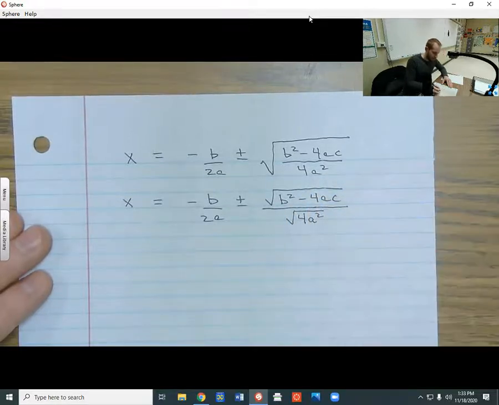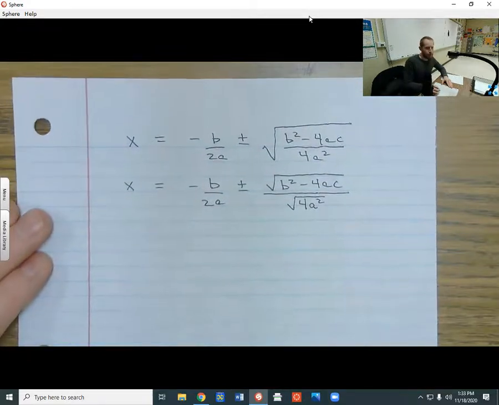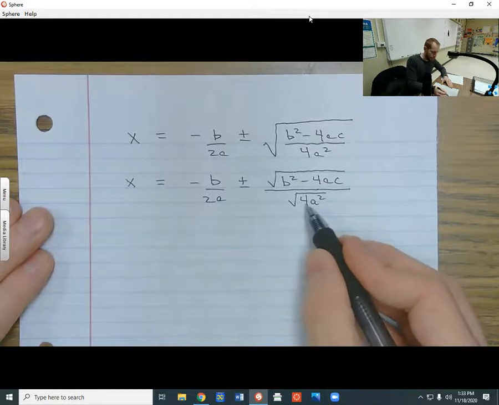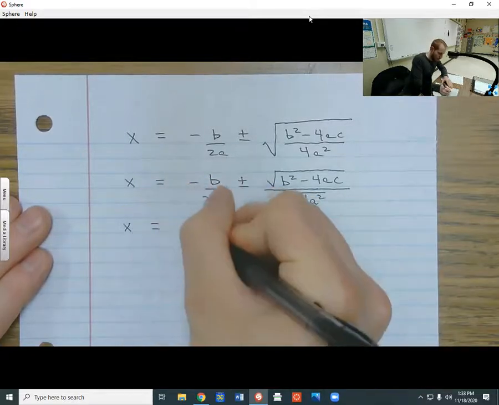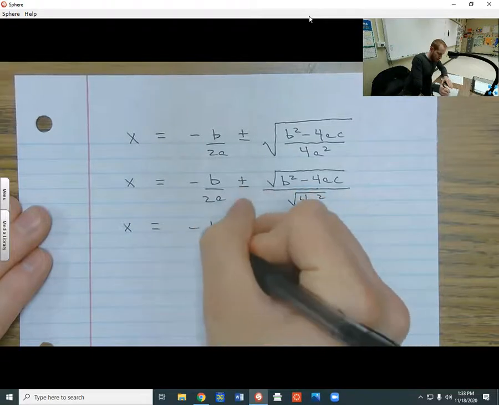Okay? So the last thing I'm going to do is I'm going to take the square root of 4a squared, and we know that that's going to be 2a.